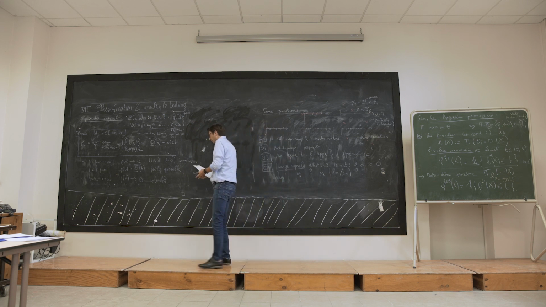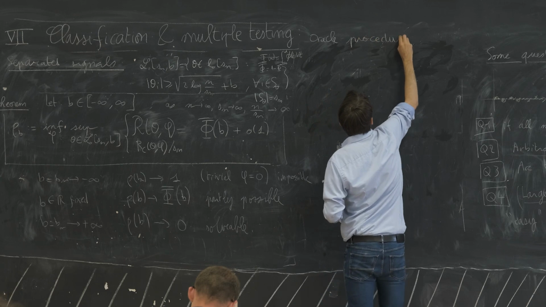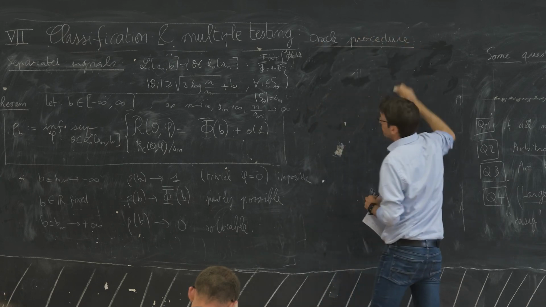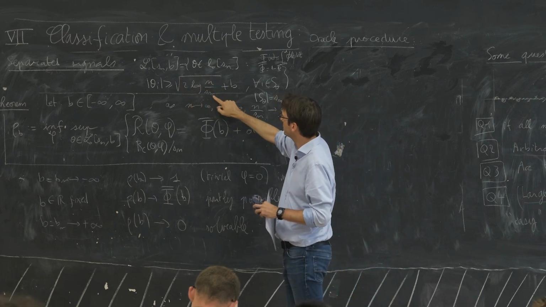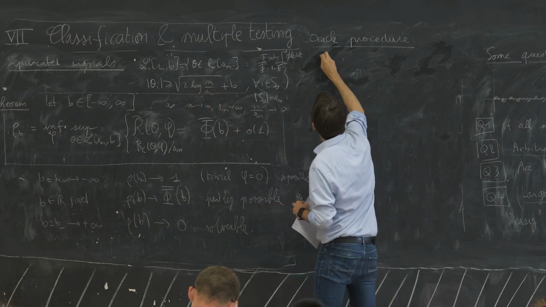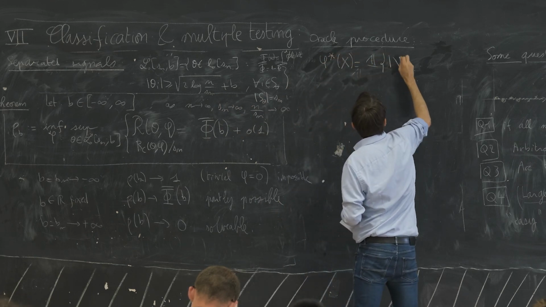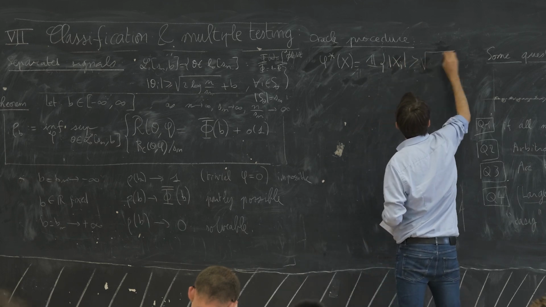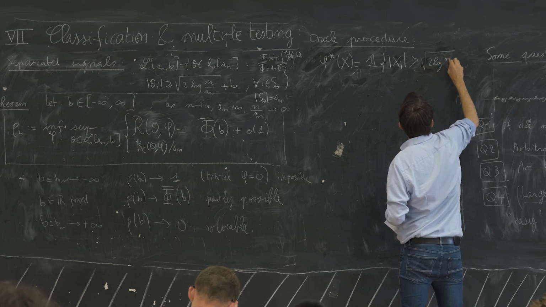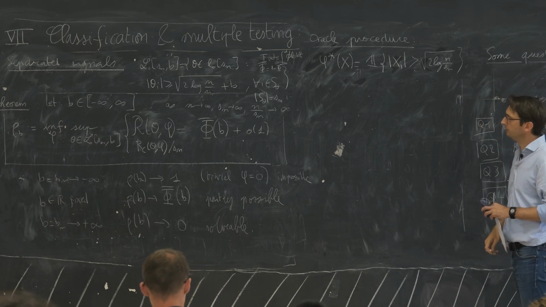Okay, so here I'm going to go back to Felix's question about Sn. If you give me Sn, given this kind of threshold, which depends on Sn, it seems natural to introduce the procedure that thresholds, that keeps the signal if and only if you are larger than square root 2 log n over Sn.